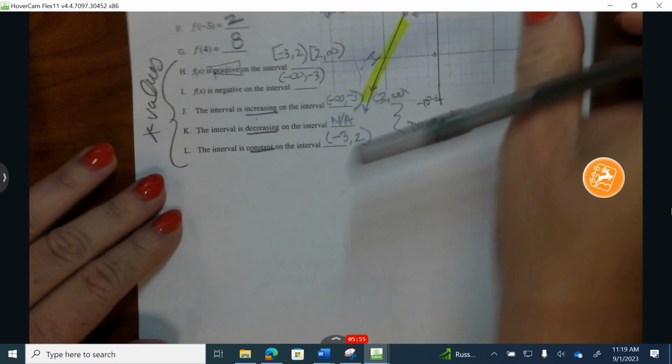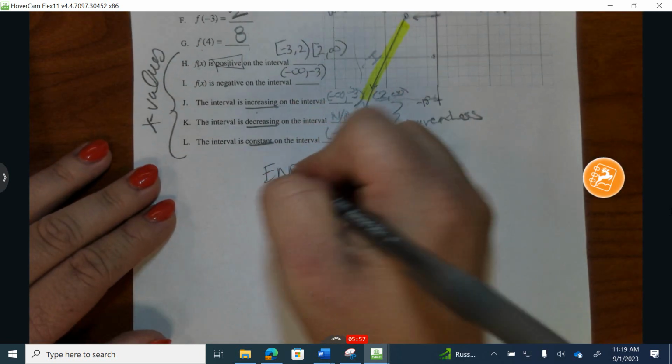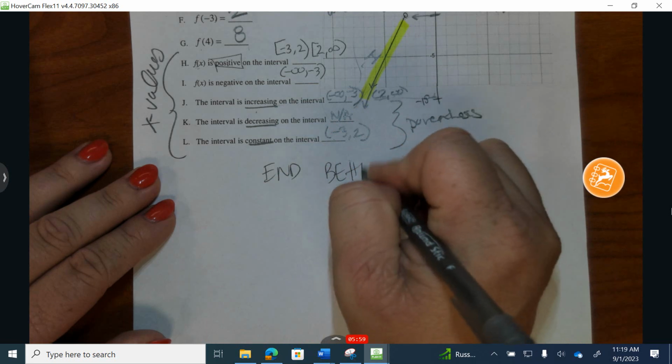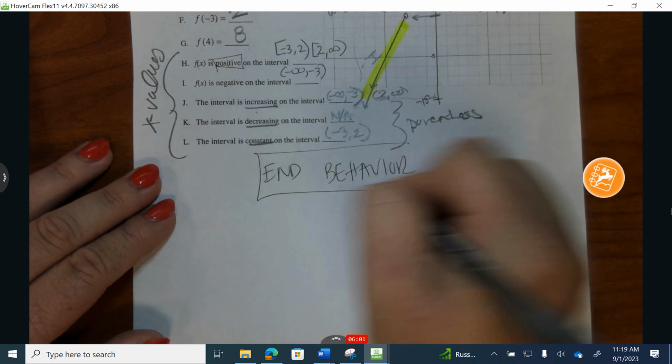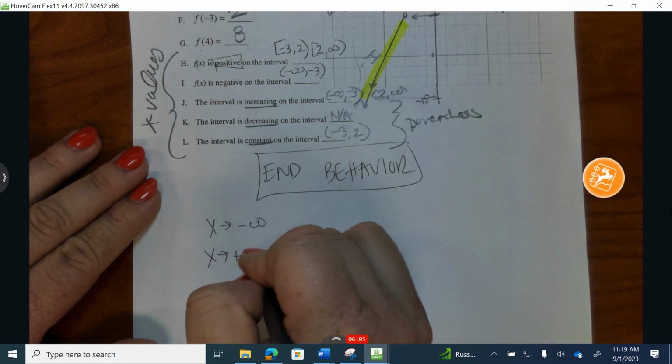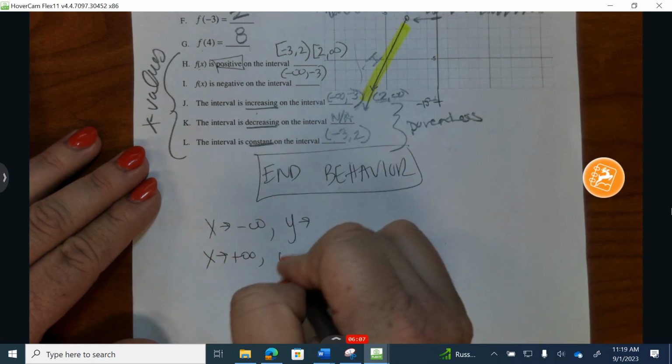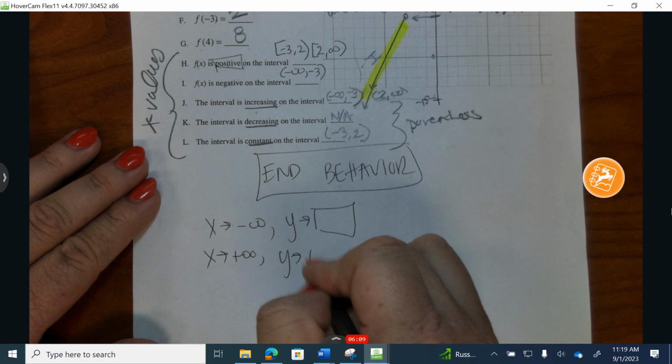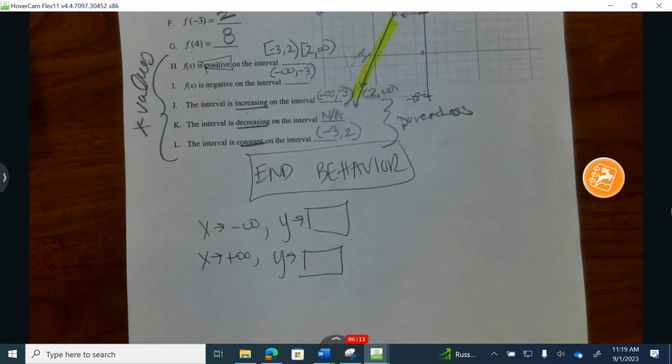Go down below and please write end behavior. Okay, ready?